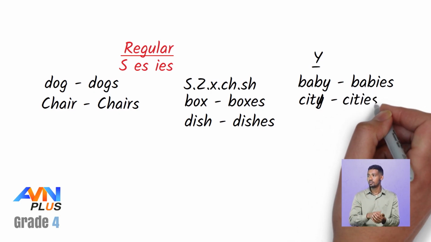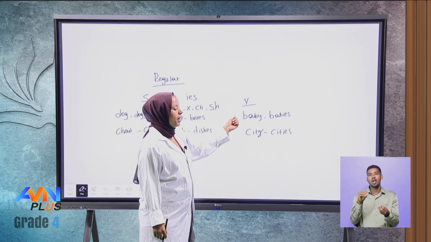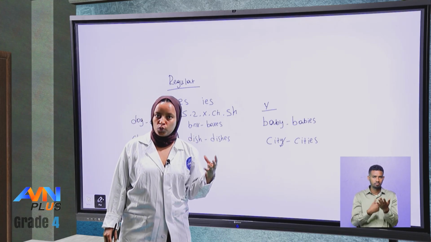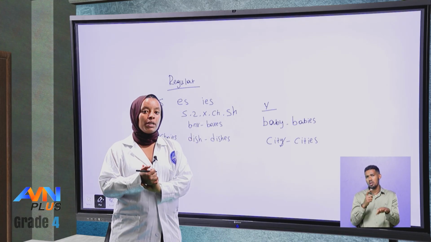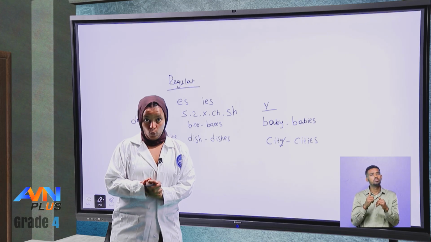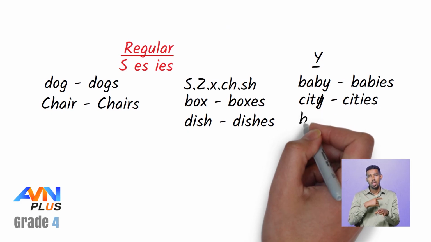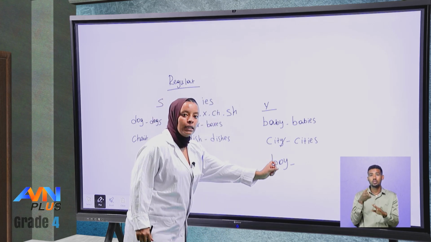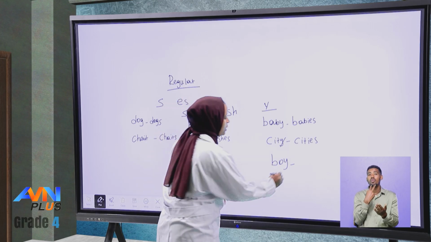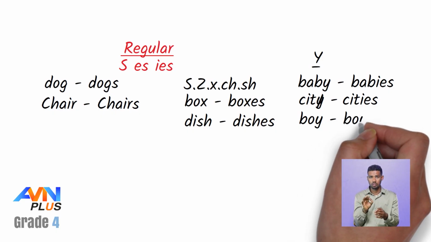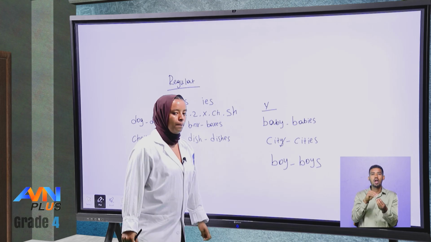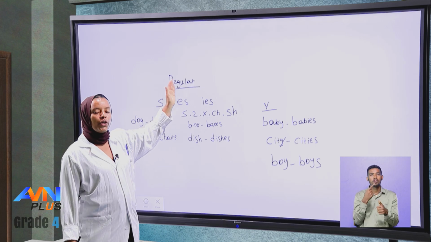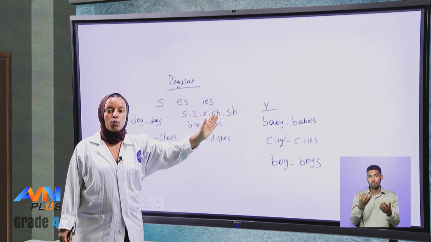But there is a specific rule. Sometimes some nouns end with y, but we don't cancel y. Like boy. We don't cancel because before y there is a vowel o, so just take the same and add s. Boy, boys. Still, this is the first rule, the regular plural form of nouns.